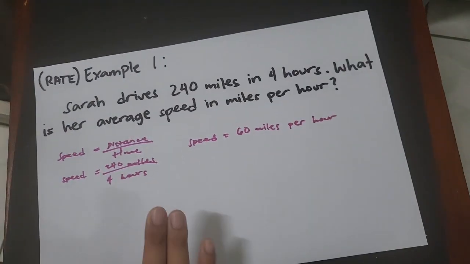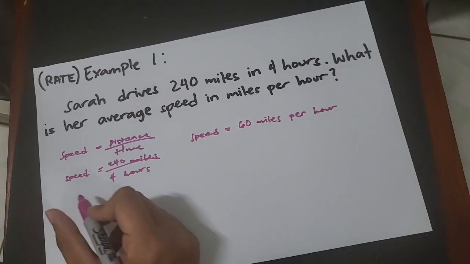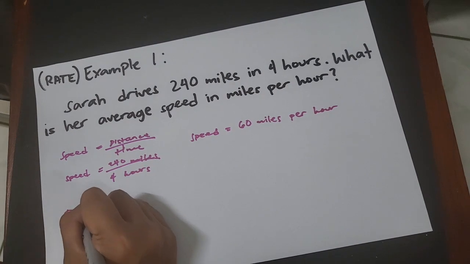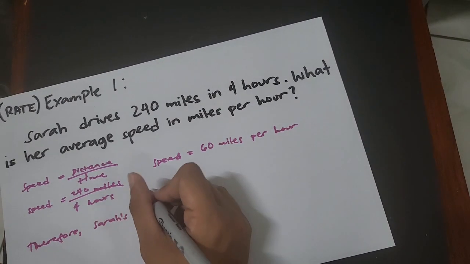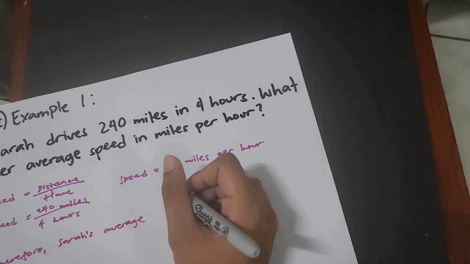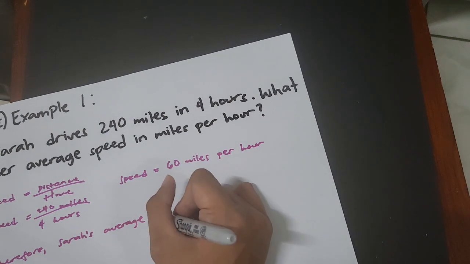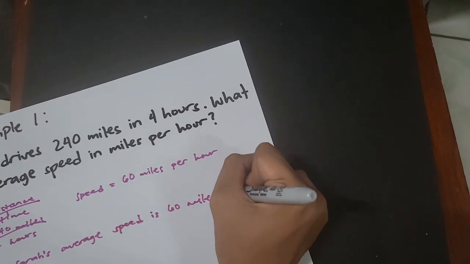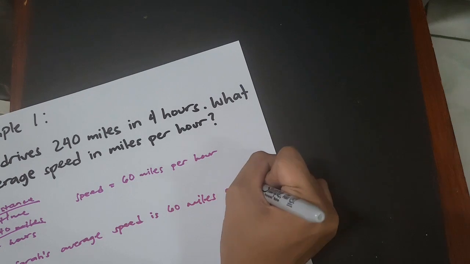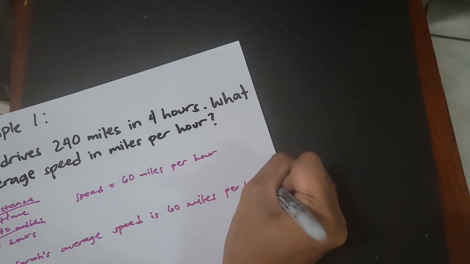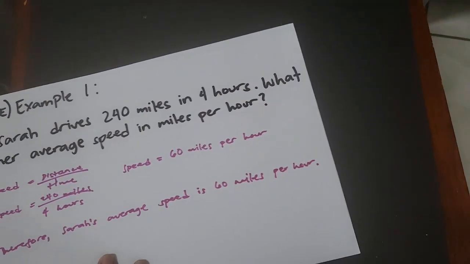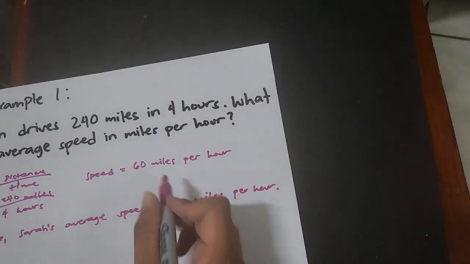We just divide. Therefore, Sarah's average speed is 60 miles per hour. That is our answer.